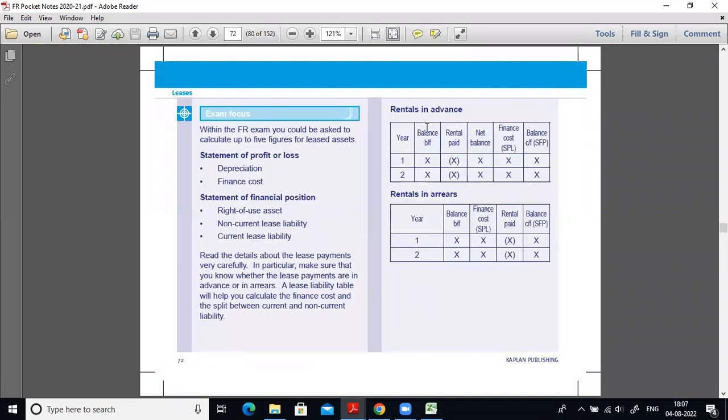I think you can say this one. Just see this. This is the procedure for rentals in arrears, and this is the procedure for rentals in advance. Can you see this, participants?